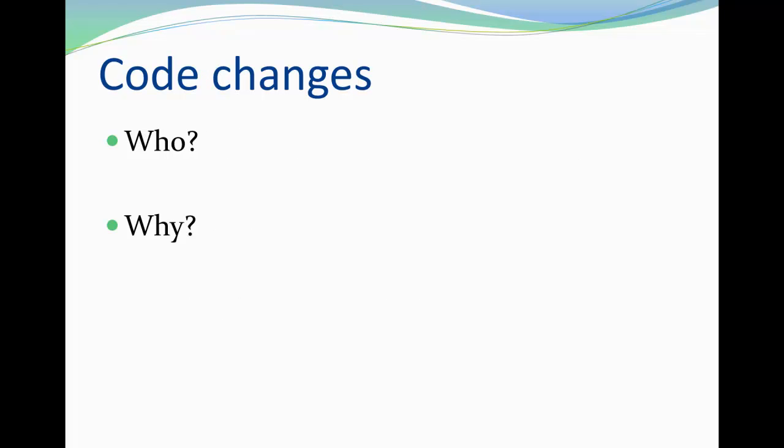So let's start with code changes. What are code changes? Simply, code changes are changes to the software or the source code of the software. And who do you think does this? Obviously, developers, or more accurately, they could be programmers.